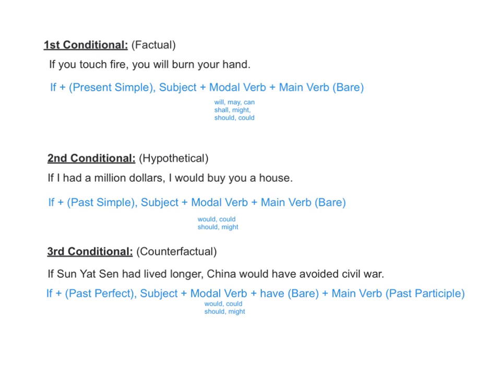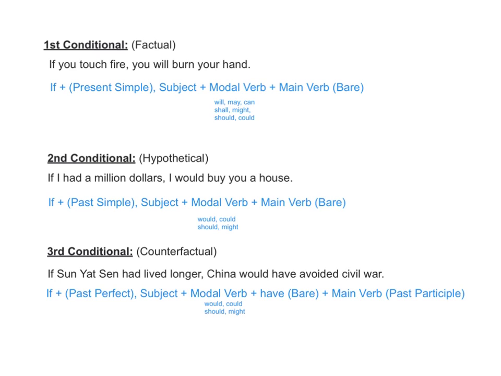That's present simple. In the second conditional, the condition clause is written in the past simple tense. I had $1 million. Past simple. And in the third conditional, the condition clause is written in the past perfect tense. If Sun Yat-sen had lived longer. That's past perfect.